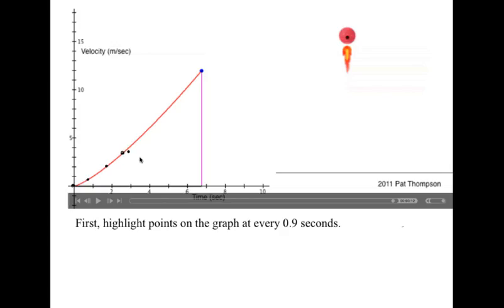What are the coordinates of that point? It's 2.7 and v of 2.7, the rate at 2.7, right? Telling us that at 2.7 seconds, the rate of the rocket was v of 2.7 meters per second.